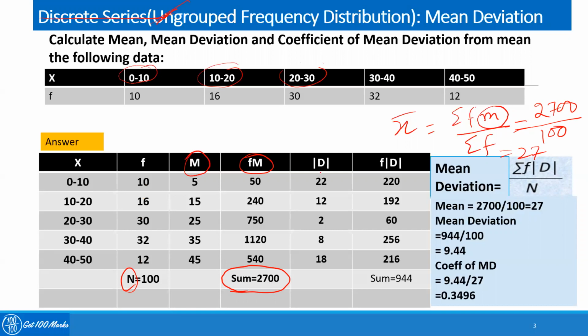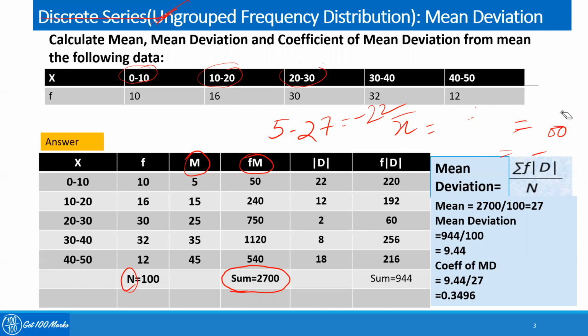Now let's calculate the value of mod d. Mod d is the deviation of each mid value from the mean. So 5 minus 27 will actually be minus 22, but I'm taking the mod value, therefore I have just written 22, ignoring the sign.